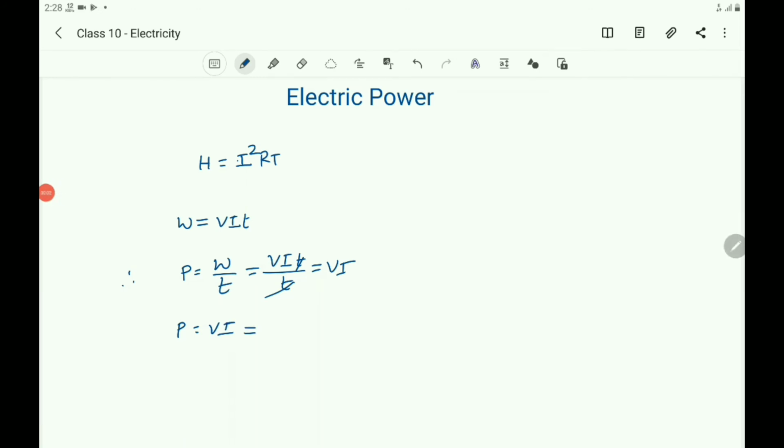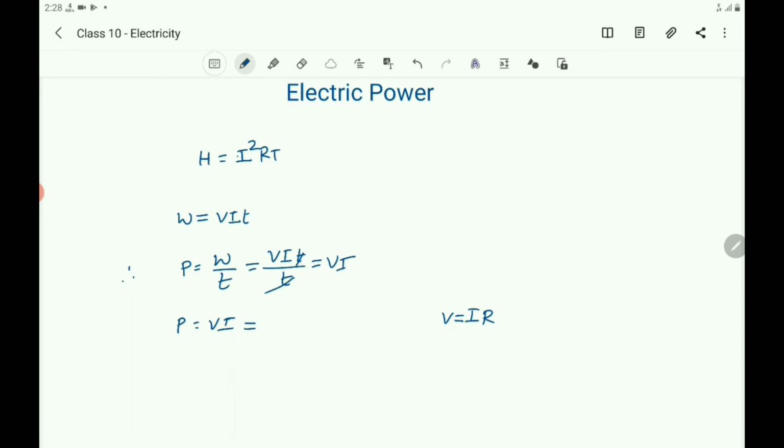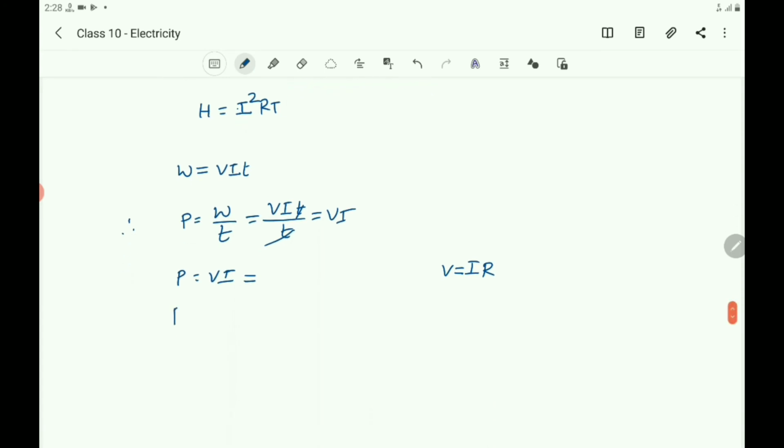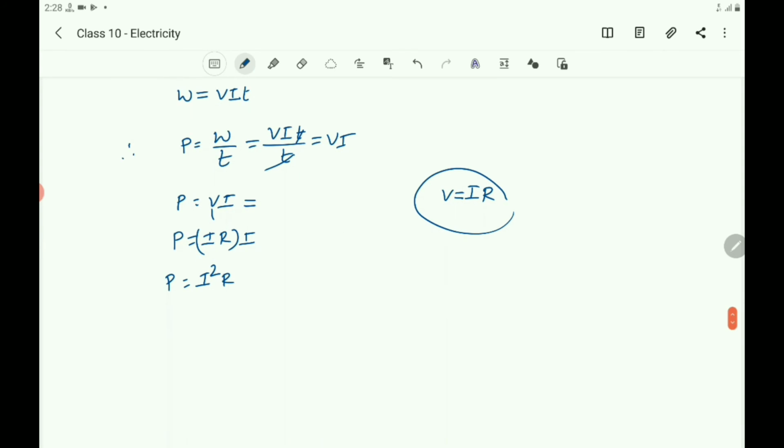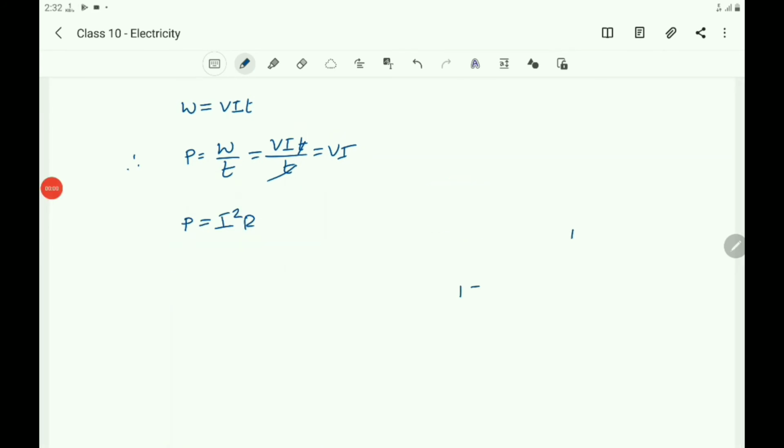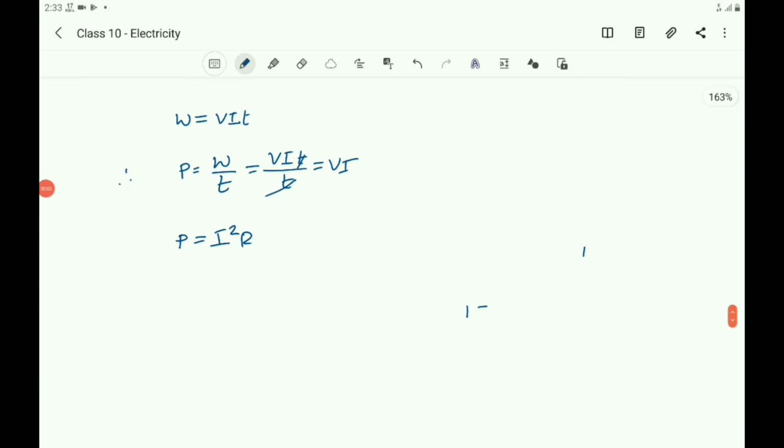And you know that V equals I R. According to Ohm's law, V equals I R. In the place of V you can write P equals I R into I. If you substitute the value of V as I R, then you will get P equals I squared R. And you can have one more relation.